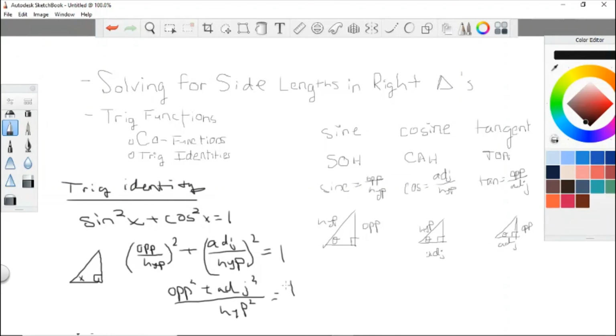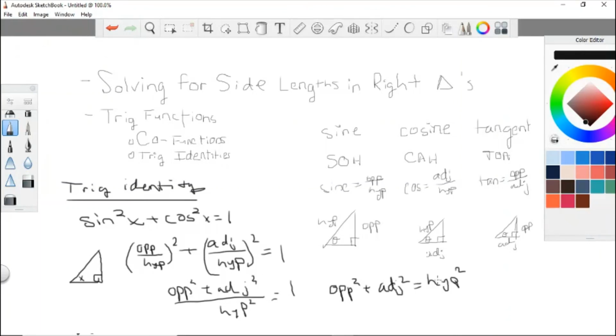Alright, so this is starting to look very familiar to a theorem we know, and I'll give you a hint. That theorem starts with a P, and it's named after a famous mathematician of ancient times. Let's see what happens when we multiply by hypotenuse squared. Opposite squared plus adjacent squared equals hypotenuse squared.